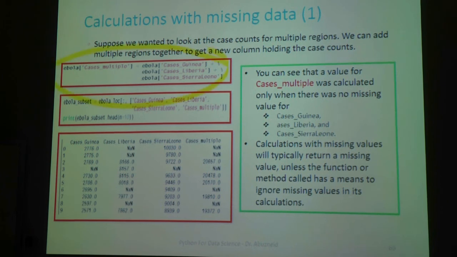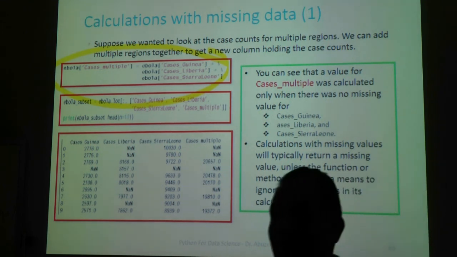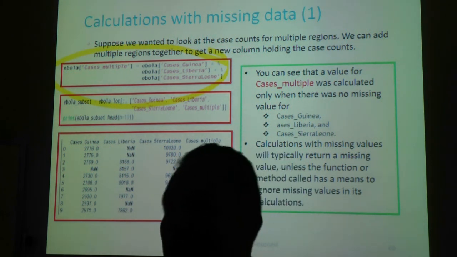What we are trying to do is create a column by adding 3 columns. But the problem is, if one of the columns has missing data, how can you add it? So what will be the result? NaN.